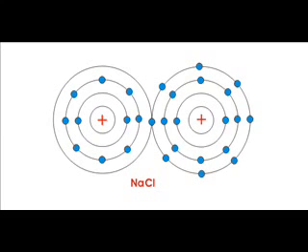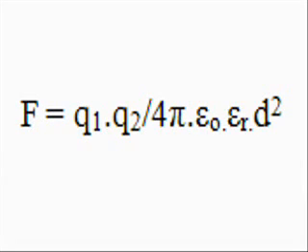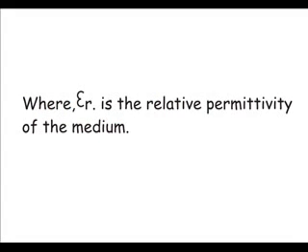Now, according to Coulomb's law, the electrostatic force acting between two opposite charges is expressed as Q1 into Q2 divided by 4 pi epsilon 0 epsilon r into d square, where epsilon r is the relative permittivity of the medium.